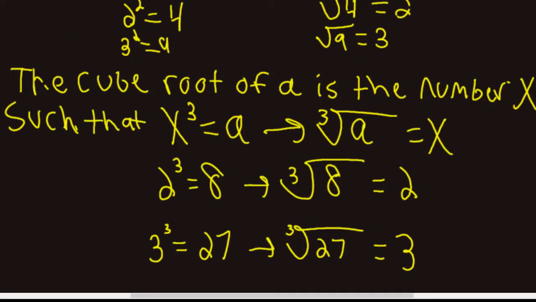Now, because we are going to learn this on a deeper level and understand the whole conceptual framework of these roots, we have to generalize. And generalize means no more numbers.